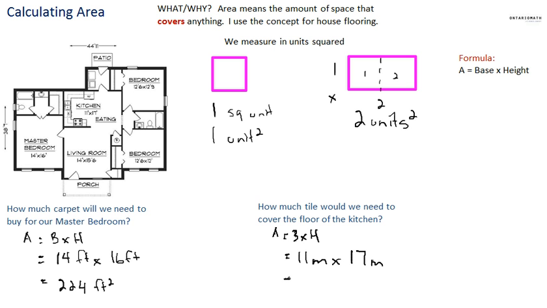If we multiply that up, it equals 187, and I'm going to add squared because we're talking about square meters. And, well, there you go. There's the formula and how to use the formula to calculate the area. Good luck, guys.